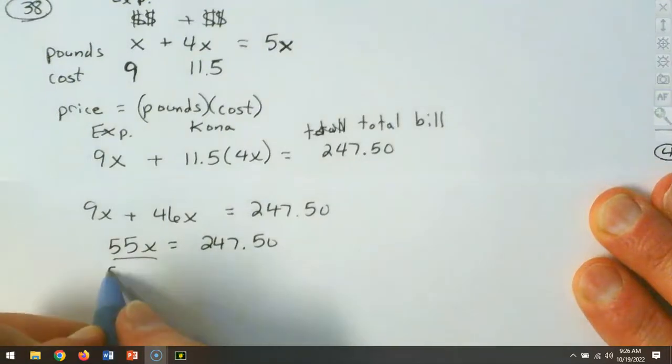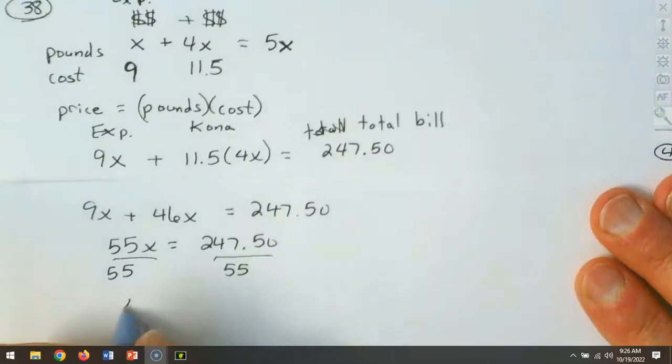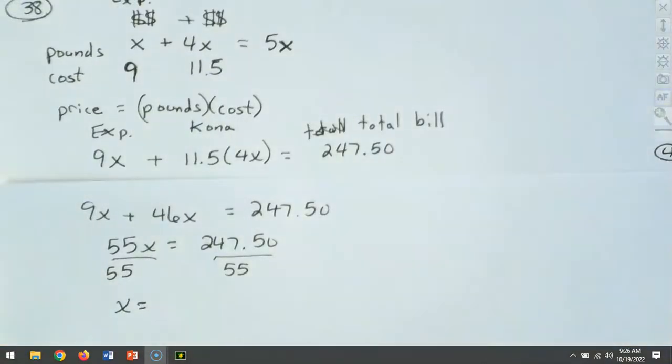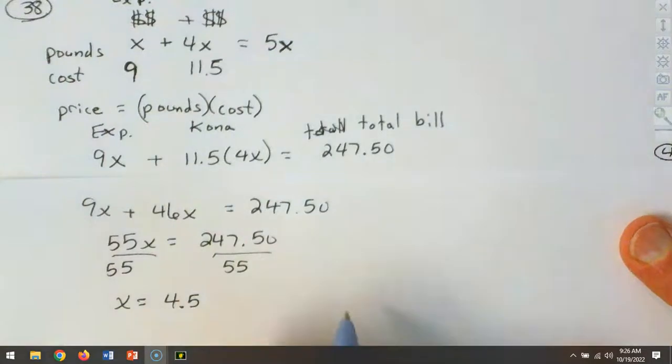We'll divide by our 55. And now, how many pounds of the espresso do I need? 247.50 divided by 55, and we need 4.5 pounds of espresso.